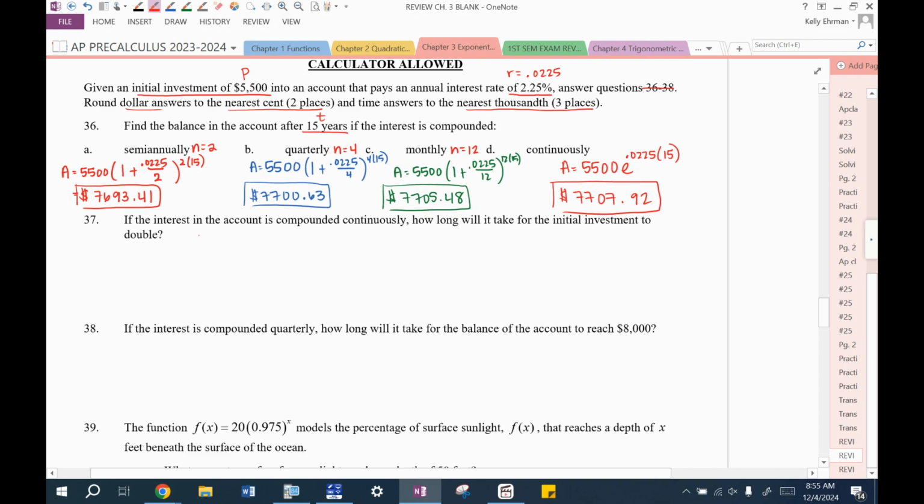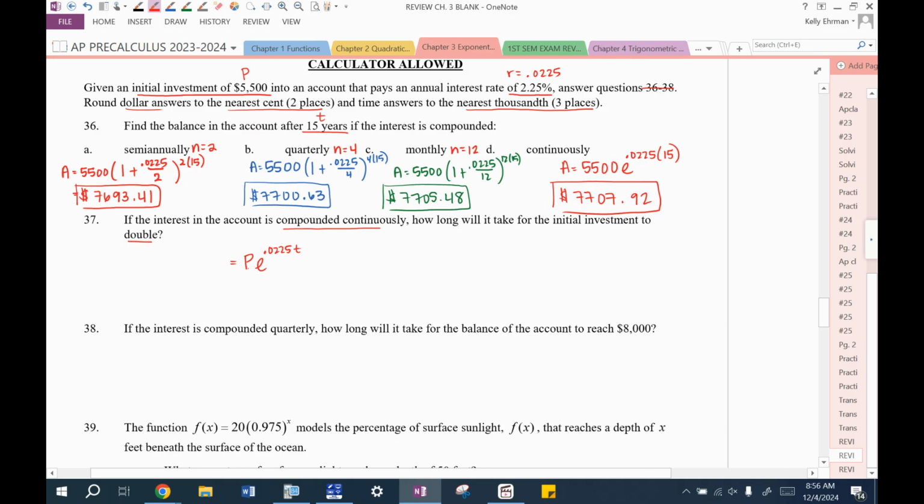If the interest in the account is compounded continuously, how long will it take for the initial investment to double? Now, I did give you an initial investment amount, but let's just pretend you weren't given one. We've done this before. So say we don't know what the principal amount is. So we would be using P e to the 0.0225 t.